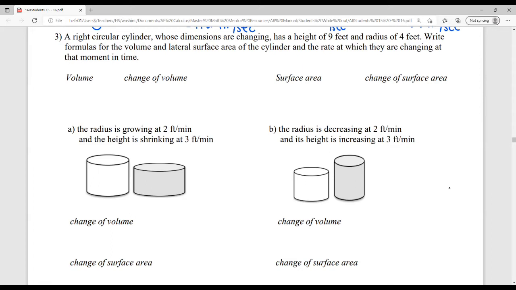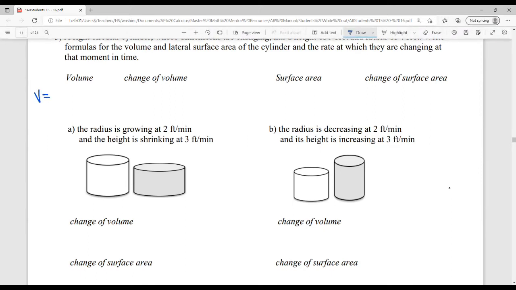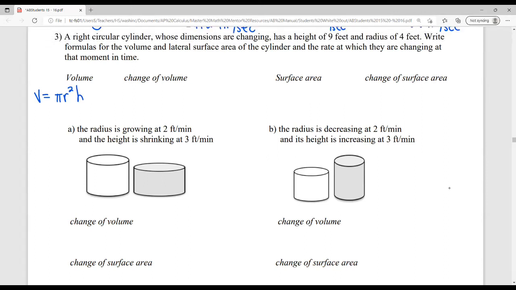So we need to know the volume of a right circular cylinder. The volume is pi r squared times h. We're going to take the derivative of that using implicit differentiation. So we get the derivative of V is just 1 dV/dt. I'm going to factor the pi out, and we're going to have to use product rule on the r squared and the h piece.